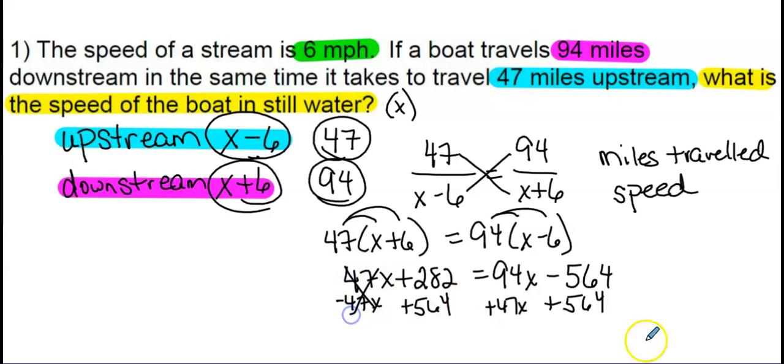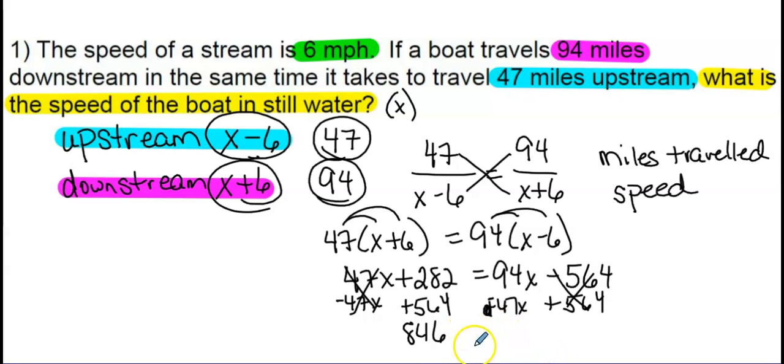Okay, so that cancels right there. That cancels right there. I have 564 plus 282 is 846. And 94, oh, that should be a minus, I'm sorry. 94 minus 47 is 47. Let me make sure.